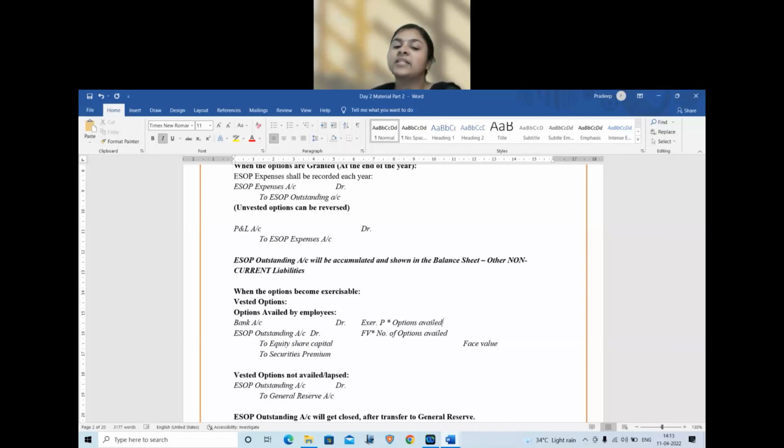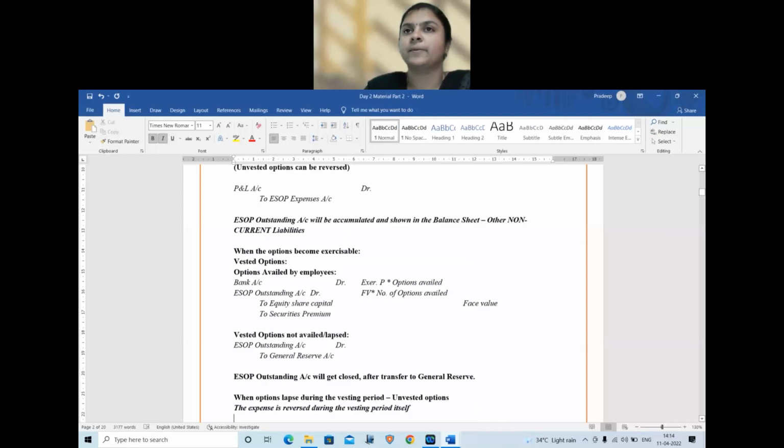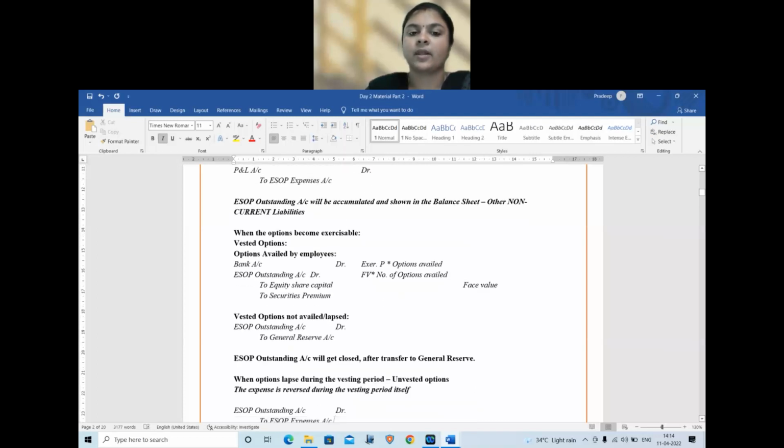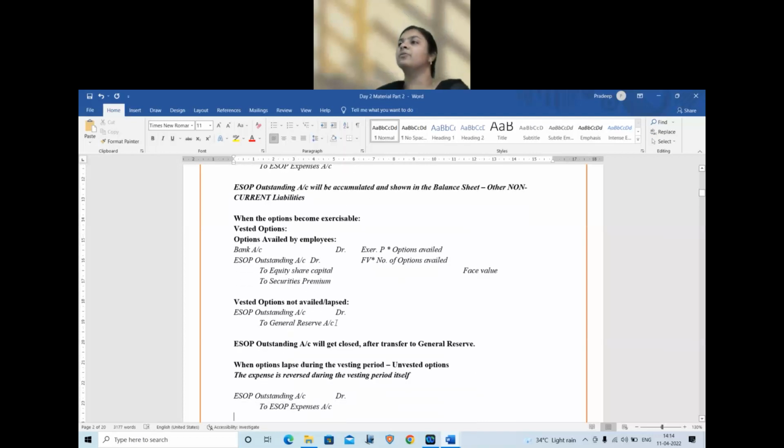Next, once it is vested, if it is not availed, which is if it is lapsed, in that case the entry is reversed. ESOP outstanding, the entry is reversed, but we cannot take it to P&L account because it pertains to the expenses of previous years. So we are going to transfer it to general reserve. So ESOP outstanding account debit to general reserve for vested options not availed or lapsed, because the conditions are fulfilled but the employee is not exercising the option.